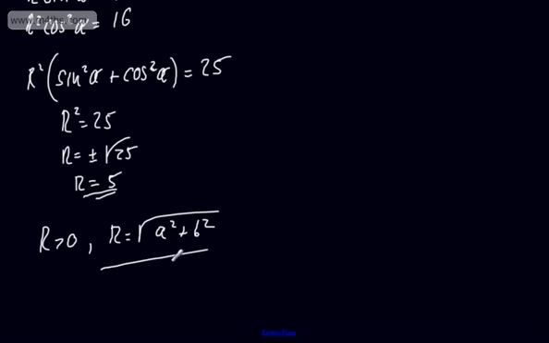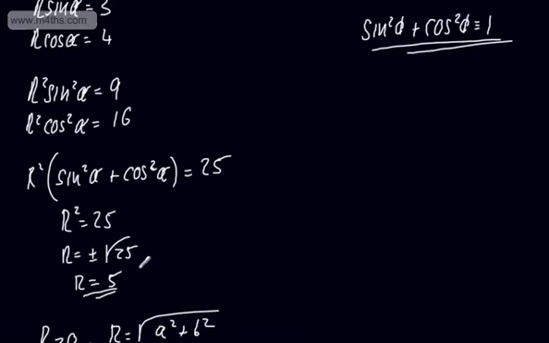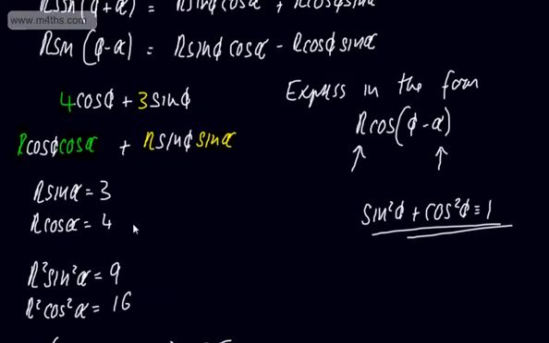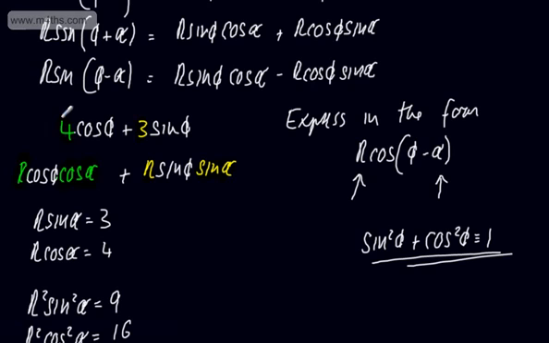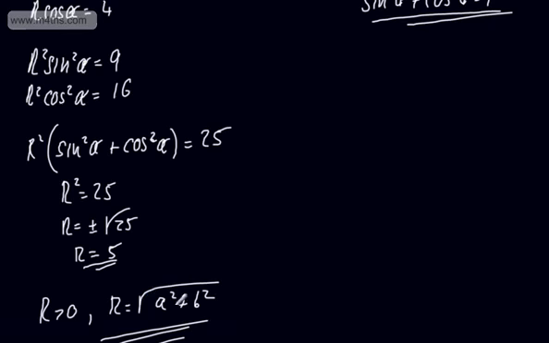So you don't have to go through the rigmarole of doing this each time. All you need to state is now that r is going to be the positive square root of a squared plus b squared. So for example, if I had now 2 cos theta plus 5 sine theta, it'd be the square root of 2 squared plus 5 squared. So all we do to find r is this. So if you want a very mechanical process, you jump straight here.